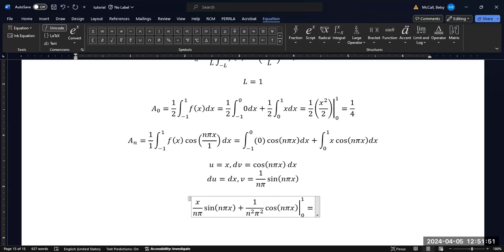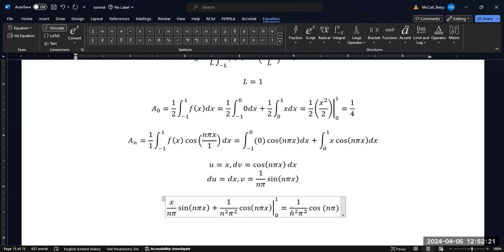And if I put in 1 in this, I'm going to get 1 over n pi, but sine of n pi is 0, so that's out. And if I put in 0 for this, I'm also going to get a 0, so that's out. If I put in 1 here, I'm going to get 1 over n squared pi squared cosine n pi.